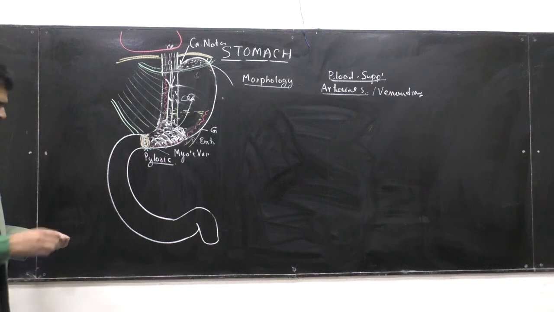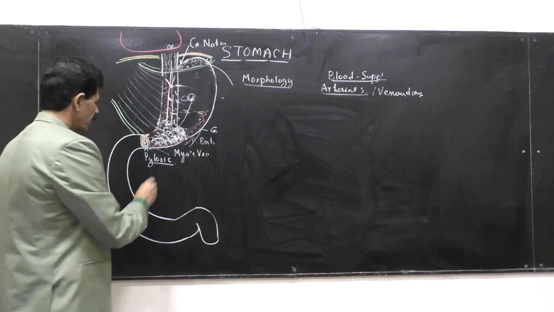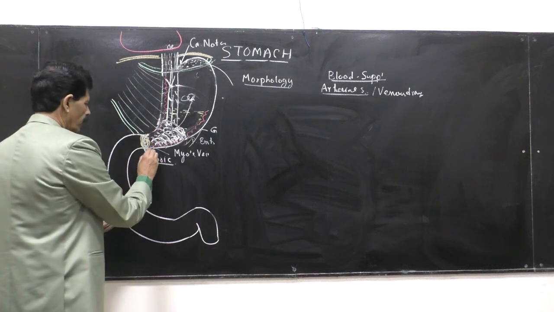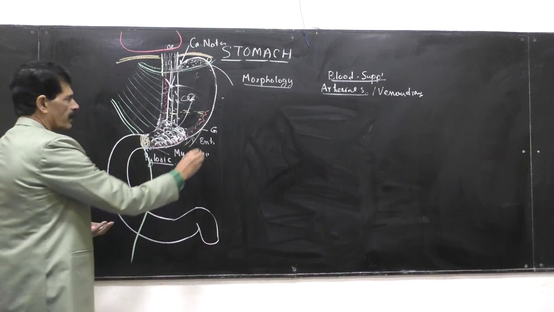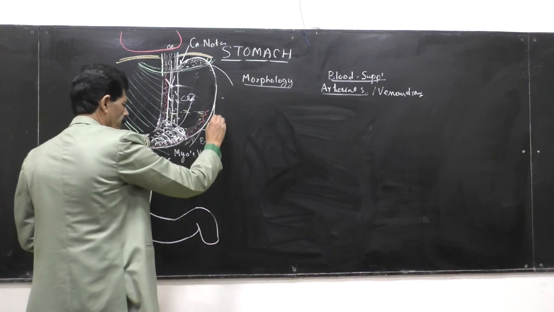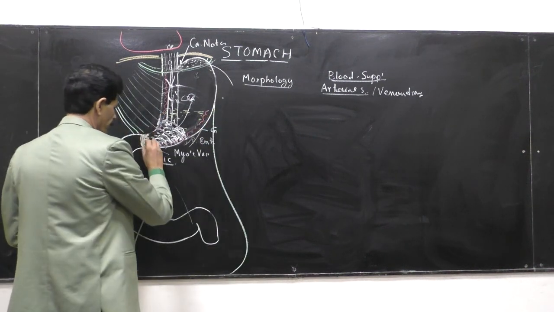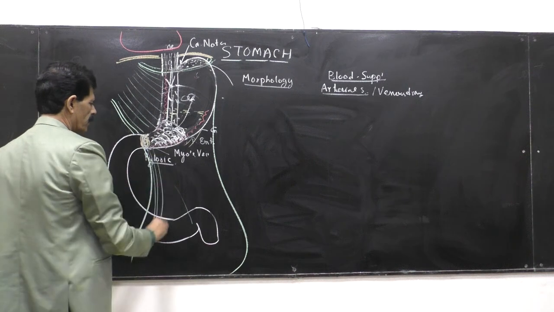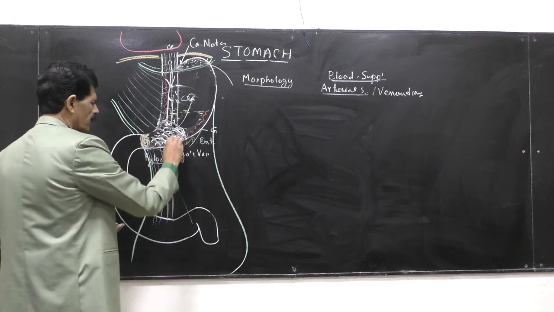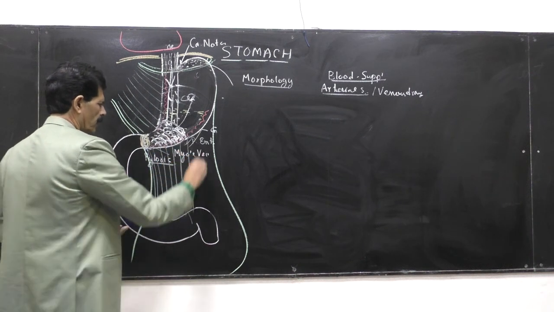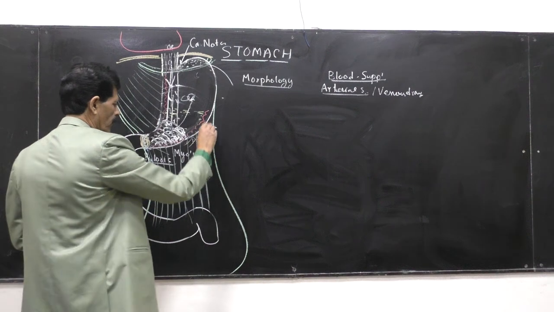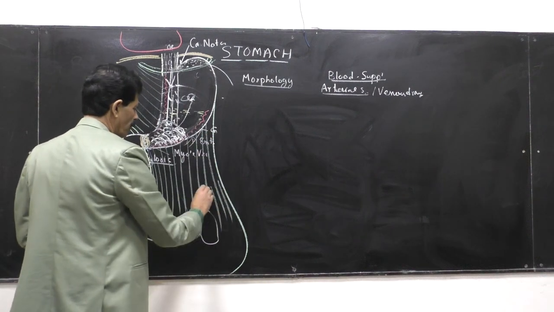Then from the greater curvature, 4 layers of the greater omentum hang down, keeping the stomach in a vertical position in any supine, prone or reclined position of the human body.